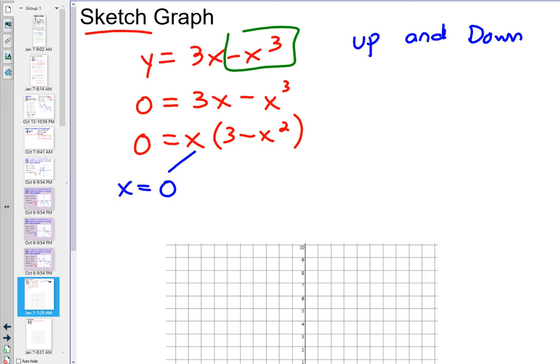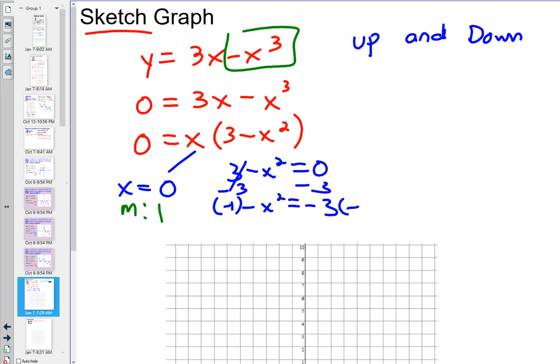This x can be 0. What would the multiplicity be? 1. It doesn't have an exponent other than 1, so just 1. And since this is already quadratic, I can't factor it anymore, but I can say that 3 minus x squared is equal to 0, and then just solve that. Minus 3 minus 3, negative x squared is equal to negative 3, multiplied by negative 1 to cancel out the negative.